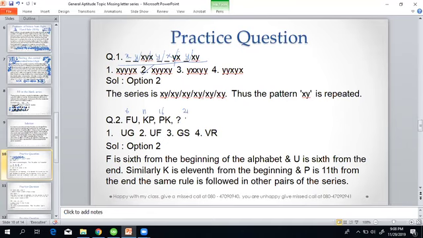The first letter should be at the 21st position. Now U is at the 22nd position.